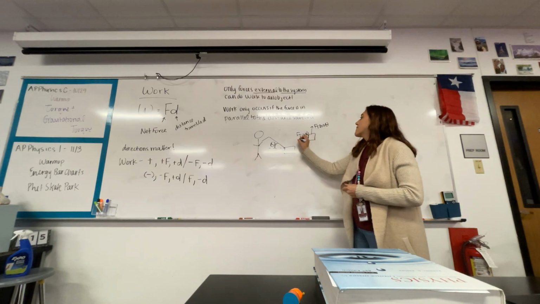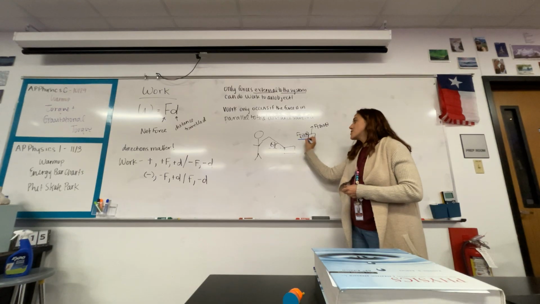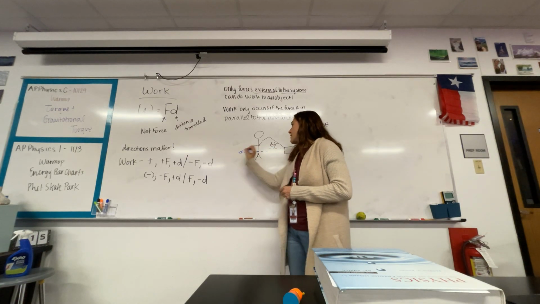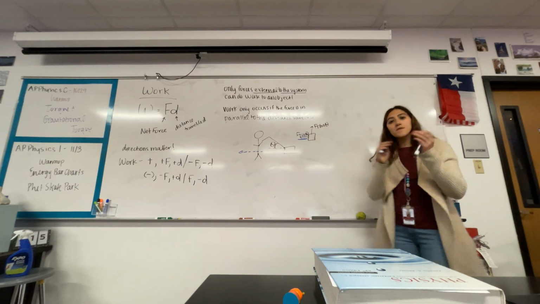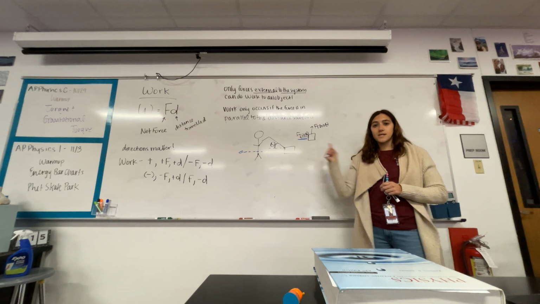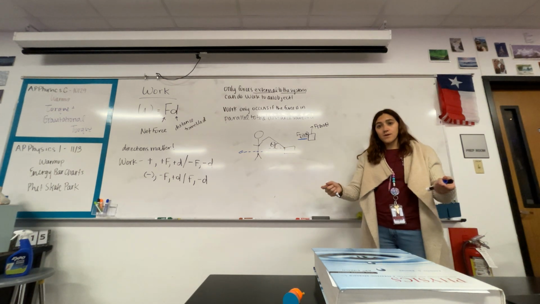Only F_T cosine theta can do work because you're going to pull the box horizontally that way. So only the component of the force that's parallel to the distance can do work.